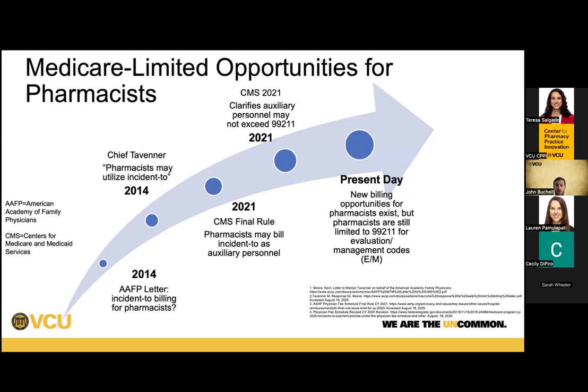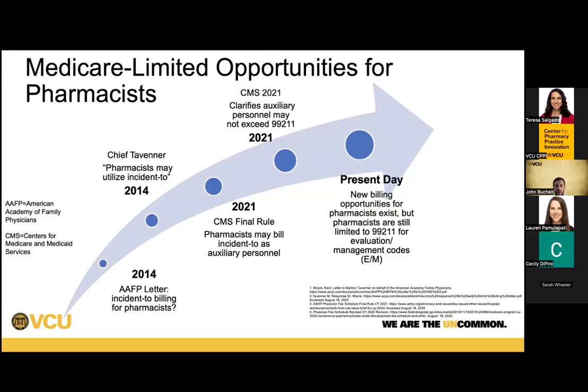But this was a very important time in pharmacy practice. And if you Google these things, you can see pharmacy organizations thanking these individuals for their help in this advocacy that really made the first step possible for pharmacists starting to bill Medicare Part B with incident to processes.